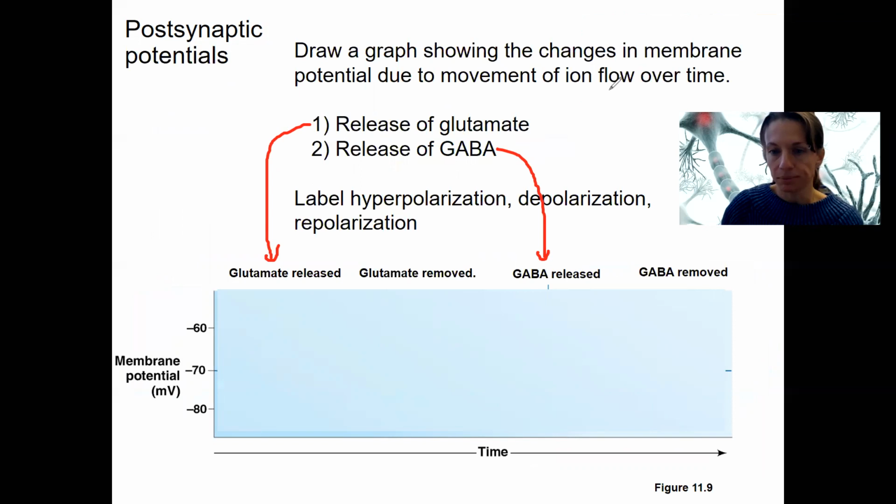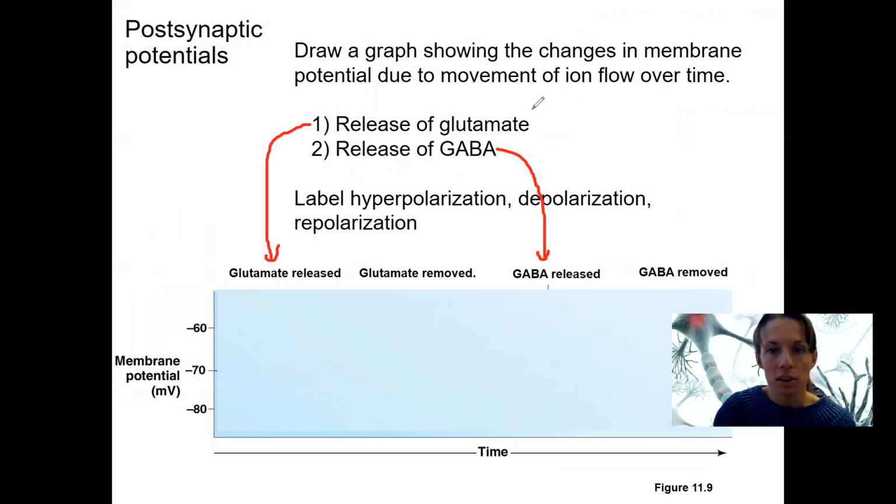If you need a reminder, this neurotransmitter is going to bind to receptors and open which channels? Na plus / Ca channels. GABA is going to open chloride channels. So please pause the video to be able to draw this out.